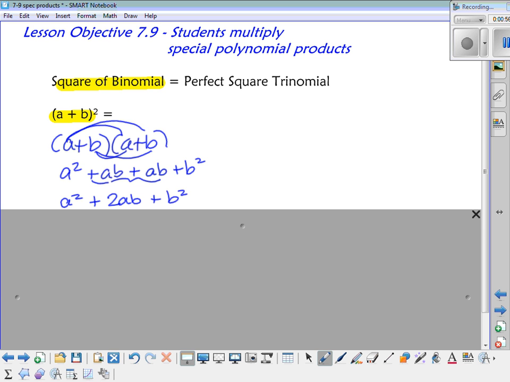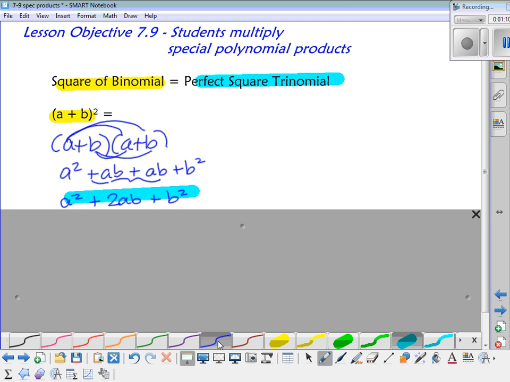plus b squared. So it turns out every single time that you have the square of a binomial, your answer is going to be what we call a perfect square trinomial. And so that a squared plus 2ab plus b squared is the pattern for a perfect square trinomial.